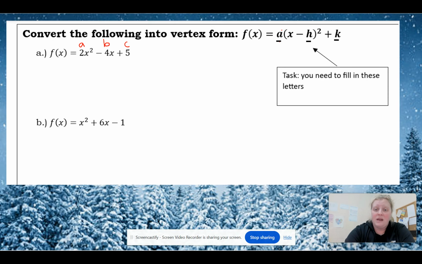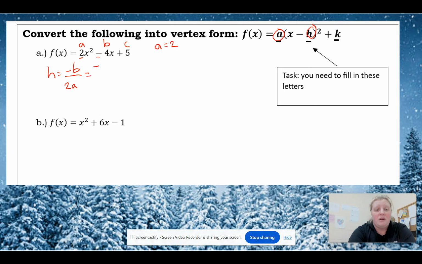So if your first task is to find a, you can see that it's actually already provided. It's 2. So I know right off the bat that a is 2. The next thing I'm going to get is my h value. I'm going to have to compute that. So my formula is negative b over 2a.